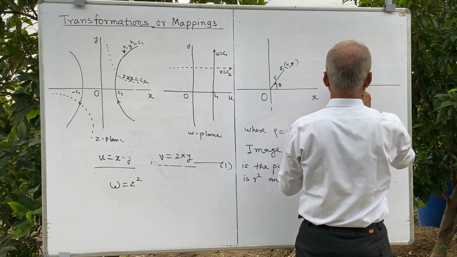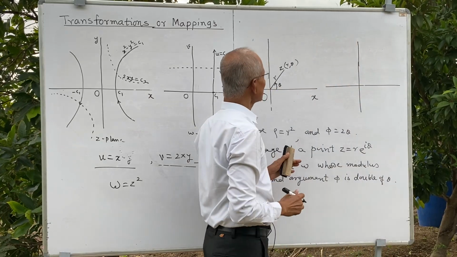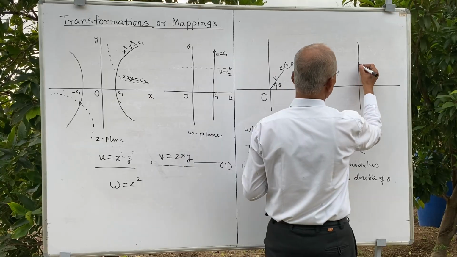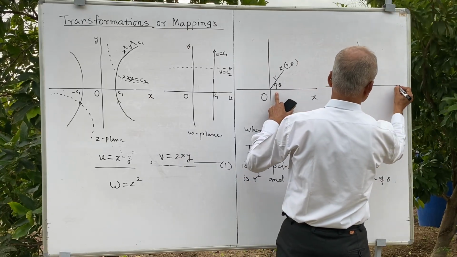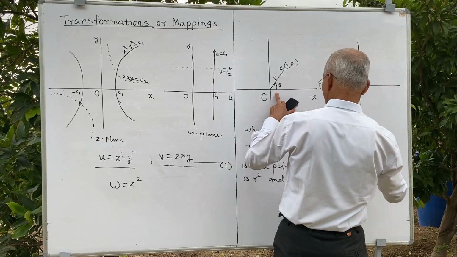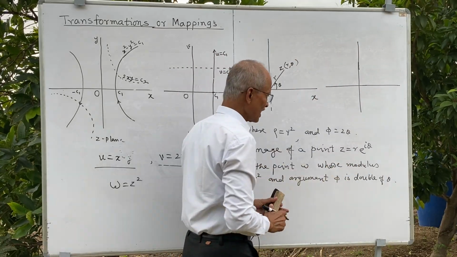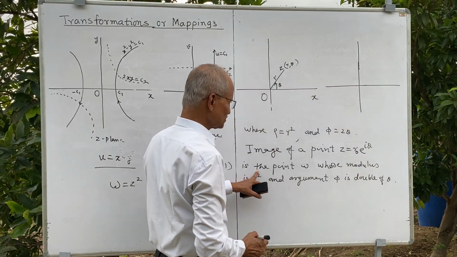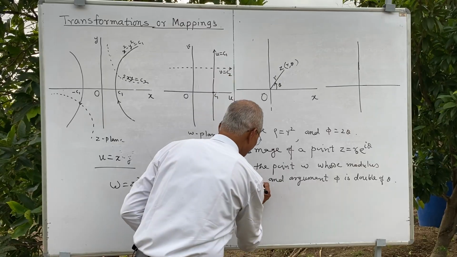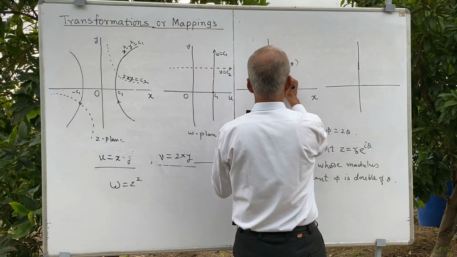The angle gets doubled, or if you consider this as theta, then we have to take the radius as r square. Or if you consider this particular point z as r naught e power i theta, its image w will have the modulus r naught square, and this is r naught.